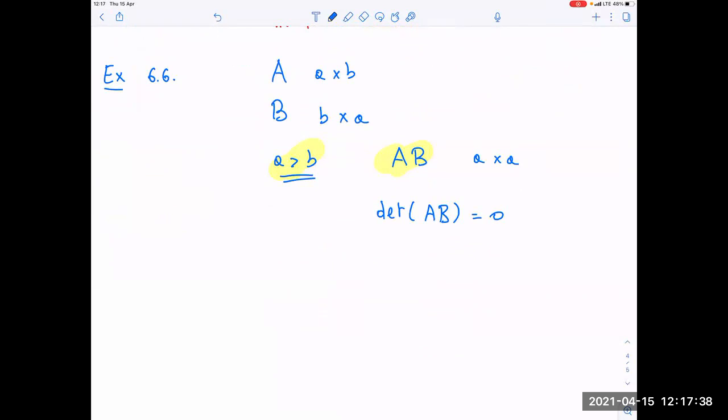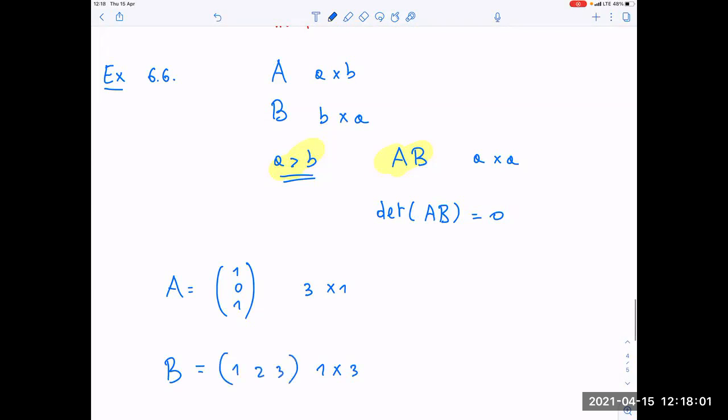So very simply, let's say that A is 1, 0, 1. So it is a 3 by 1 matrix. So B is going to be a 1 times 3 matrix. Whatever you want, 1, 2, 3.